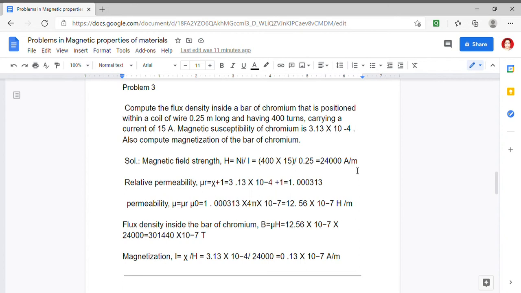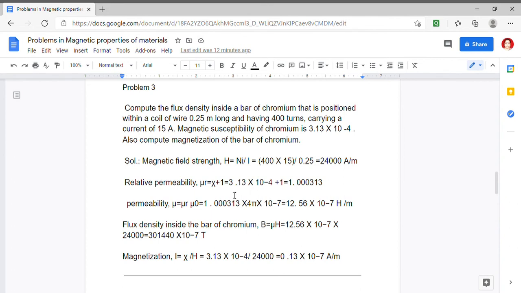Now we have the value of H, so we can determine the flux density B. But for this purpose, we must know the permeability. So first of all, we are finding the permeability and we know that relative permeability mu r is chi plus 1.